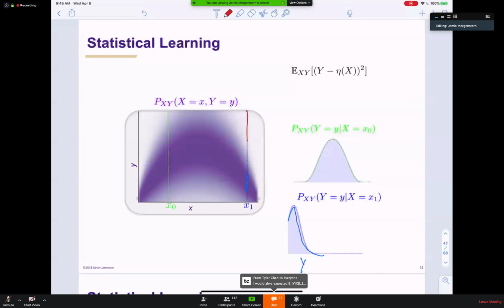You could think about the probability mass along this line, right? And that's this. That helpful? Yeah, thank you.